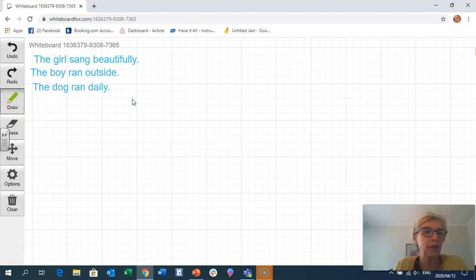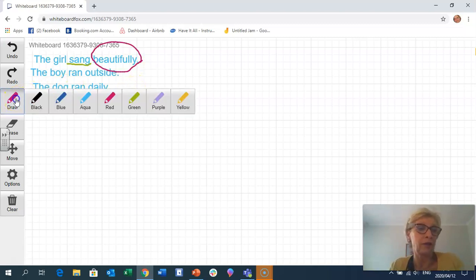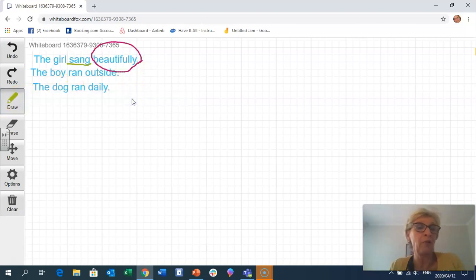Okay, the first one, the girls sang beautifully. The verb there is sang. And the adverb is beautifully, and that is describing how the girls sang. The boy ran outside. The verb, the doing word, is ran. Well done. And outside tells me where the boy ran.